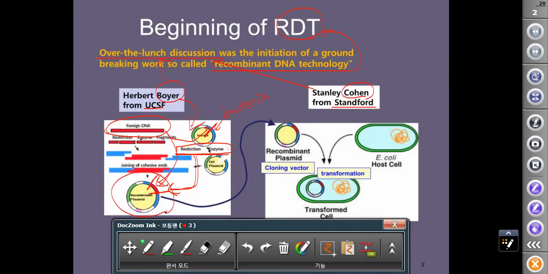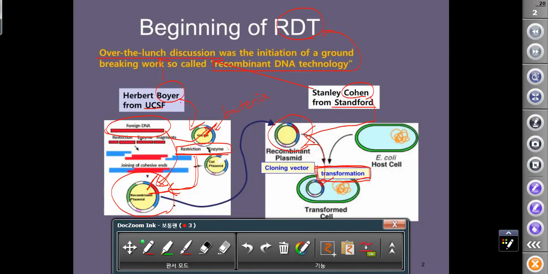Okay. On the other hand, Dr. Cohen, in his turn, was able to insert a certain vector into a bacteria, which is called transformation. Okay, he had this technique. So, combining the techniques that they have, what can you do?